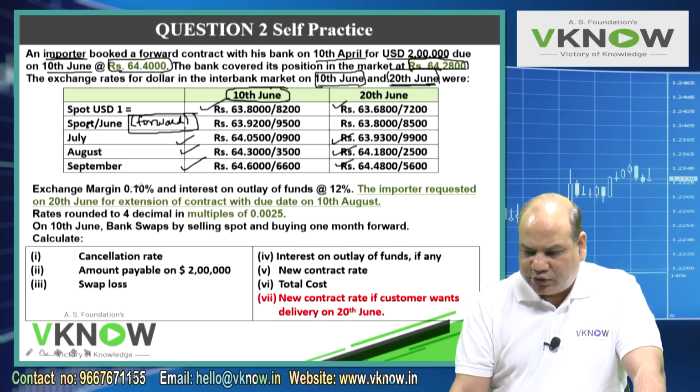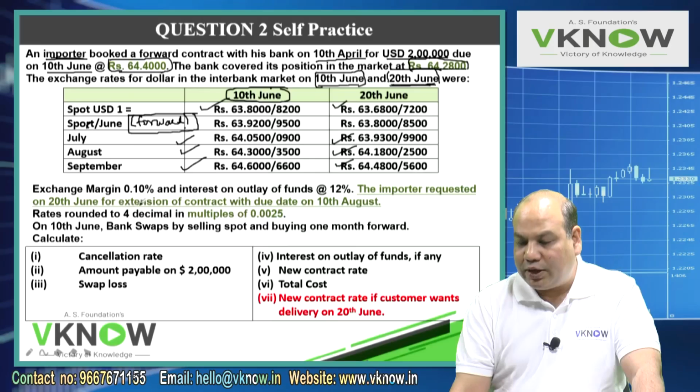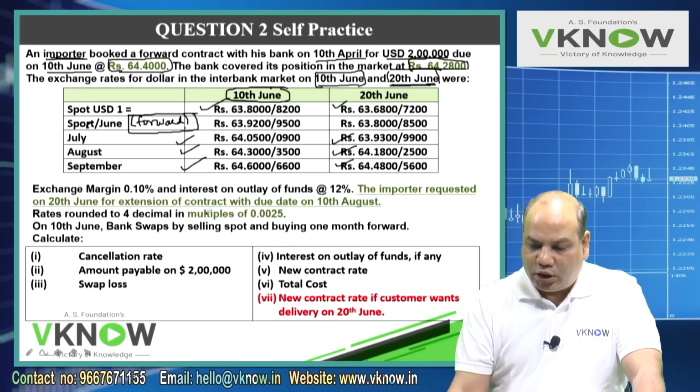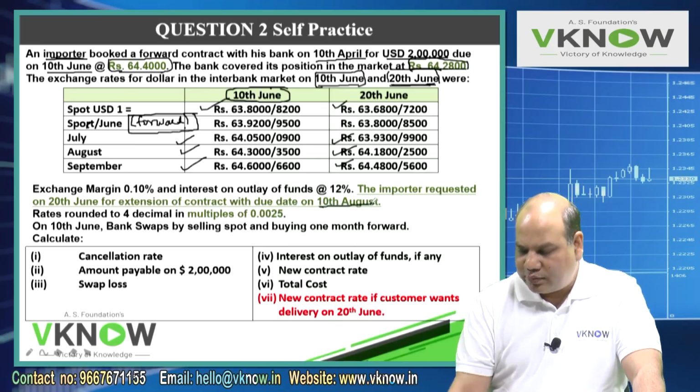Now the question is the same, a copy-paste version. Exchange margins 0.10% and interest on outlay of fund is 12%. The importer requested on 20th June. So the importer has come on 20th June, that is, it is a question of late extension, and he wants to extend the contract till 10th August.